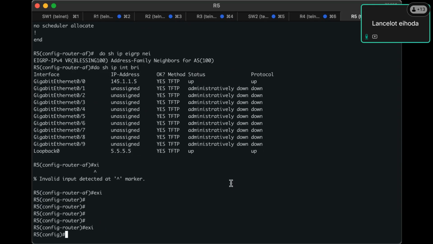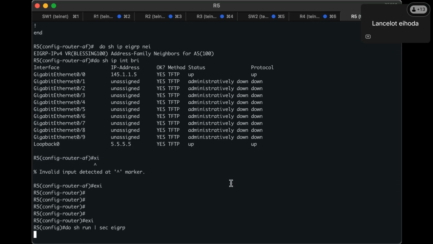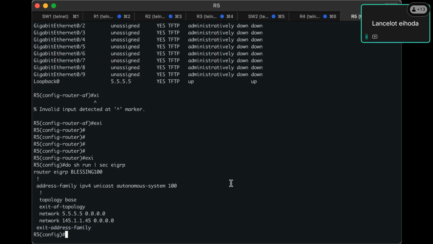So let's do a little troubleshooting. Let me ask myself why my adjacency is not up. So yeah, I have an address family, IPv4.